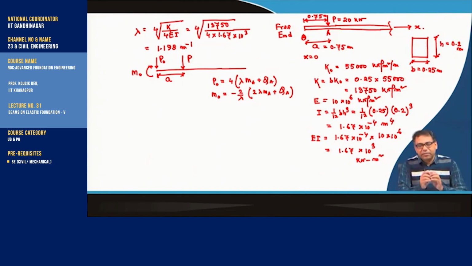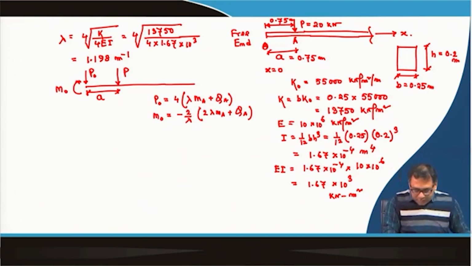But actually it is not an infinite beam, it is a semi-infinite beam. So, at the free end we have to apply end conditioning forces such that the MA and QA will vanish. Because that is the free end condition, moment should be 0 and shear force should be 0. So, now first you have to calculate the MA.